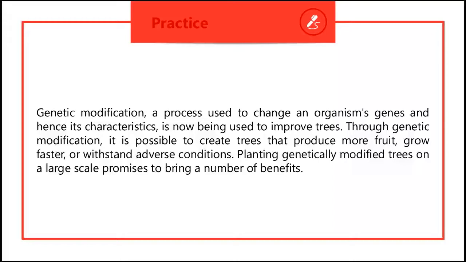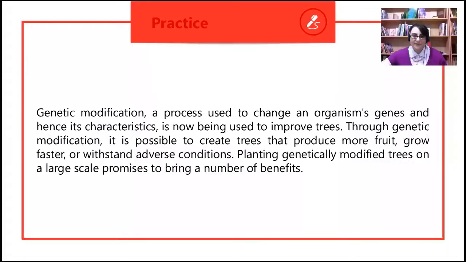Genetic modification can be defined as a process. Like what process? Let me do it: genetic modification can be defined as a process to improve, to develop trees by changing an organism's genes and its characteristics. So this is the main idea that you should concentrate on, okay?